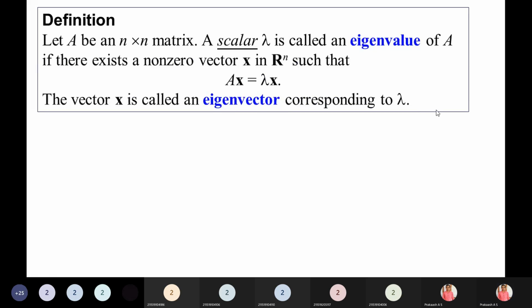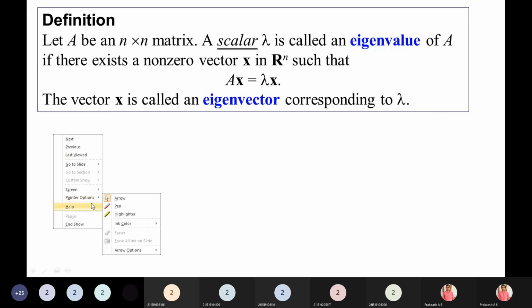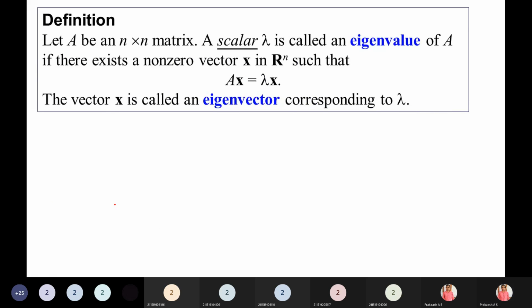Definition: let A be an n by n matrix, that means n rows and n columns, and a scalar, a real number or complex number.